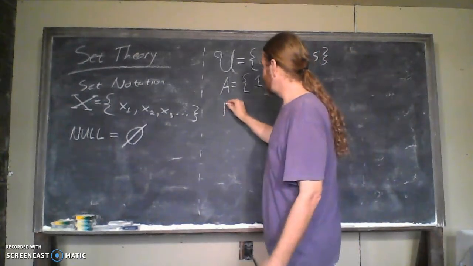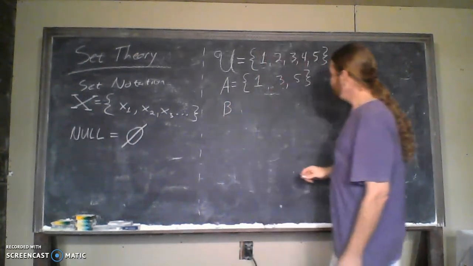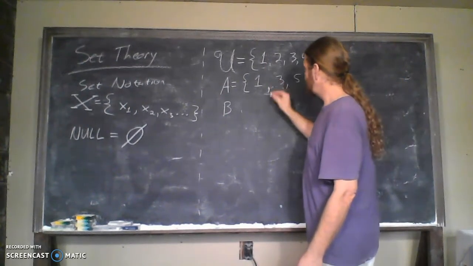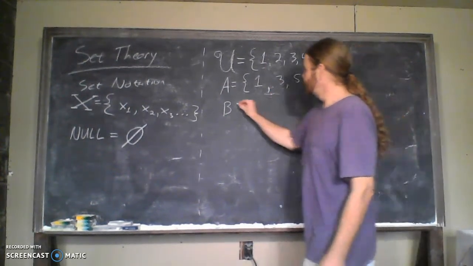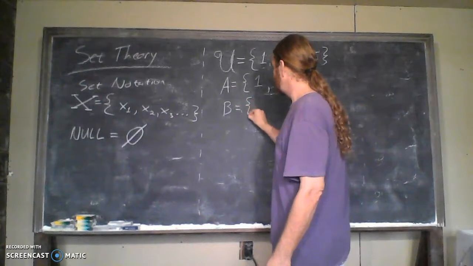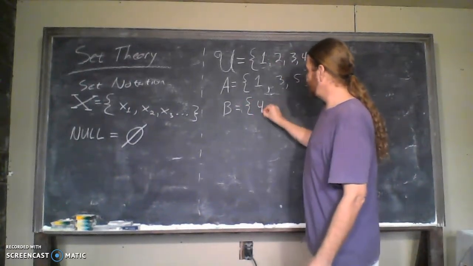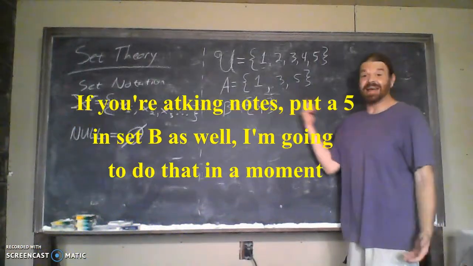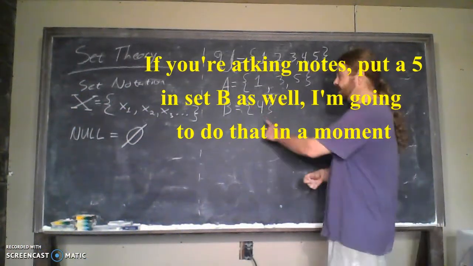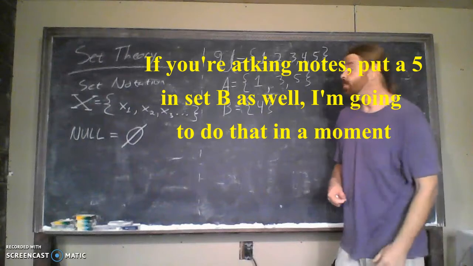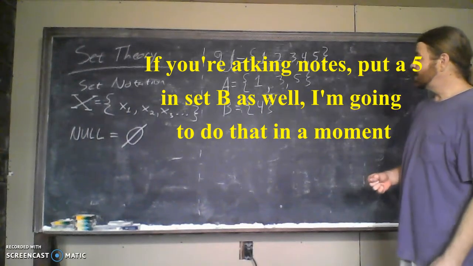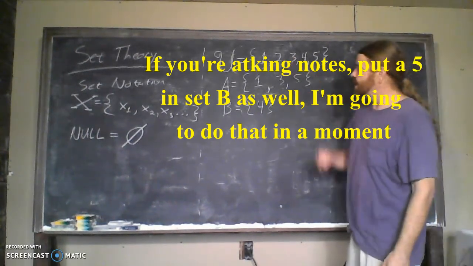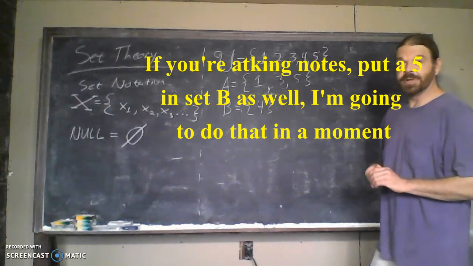And then a set B. For set B, I will just include the number 4. Just one number in there, to indicate it doesn't have to be a bunch of things. A set can be a single value. Our number 2 is not included in there. We'll talk about that in a moment.